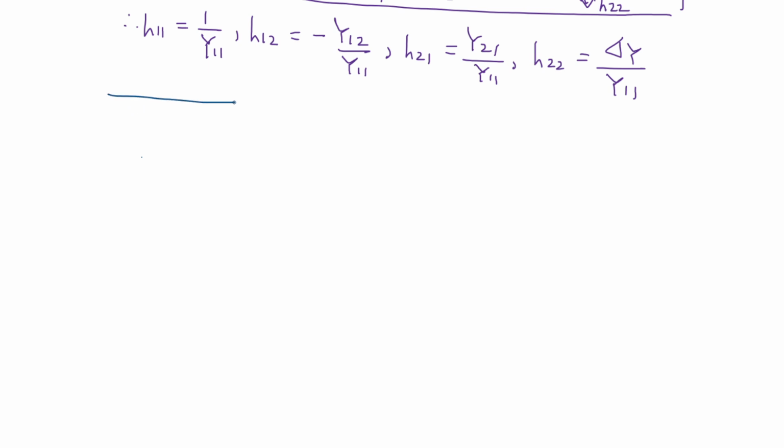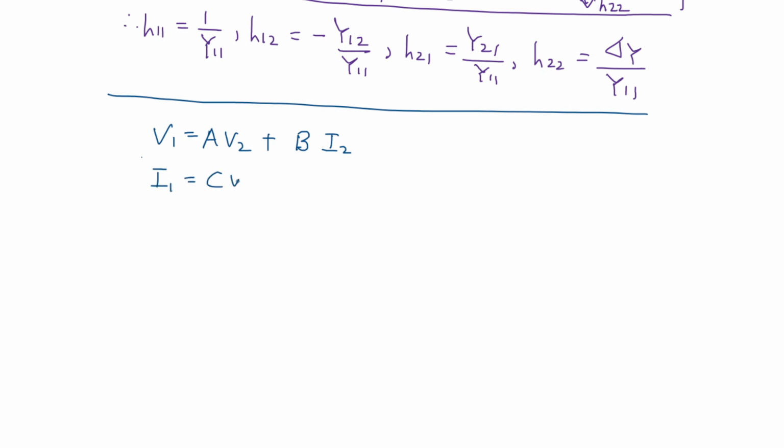So let us write down the equation. V1 is equal to A V2 plus B I2, I1 is equal to C V2 plus D I2. So this is equation number 19. This is equation number 20.